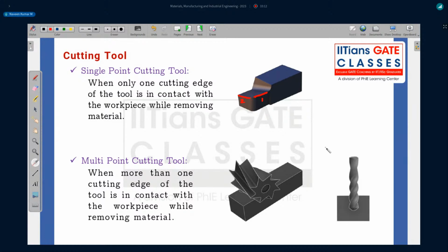It is a multi-point cutting tool when more than one cutting edge is in contact with the workpiece material. So what are the different cutting edges here? Let me use red only.